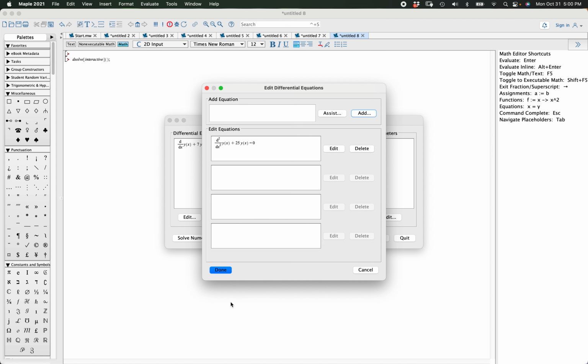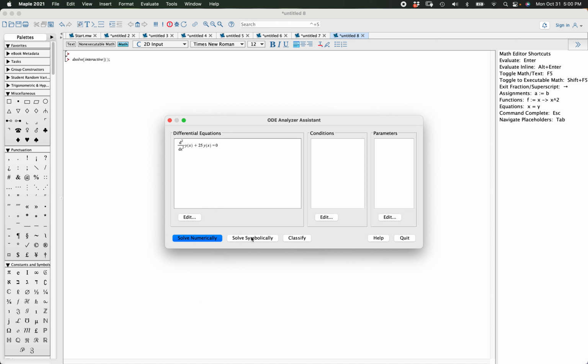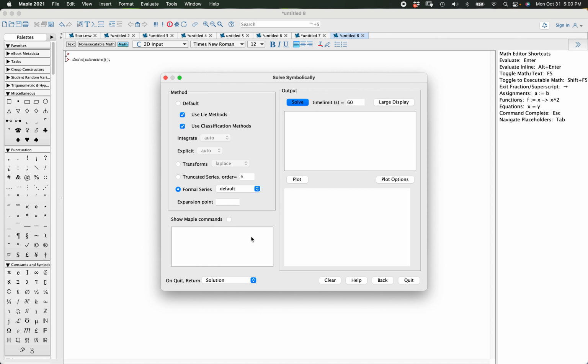If I add, and everything looks good, you can click on Done. Like the first, we solve symbolically, go with formal series, press Solve, and we have this set of expressions with the factorial notation. Again, we're going to clean this up.